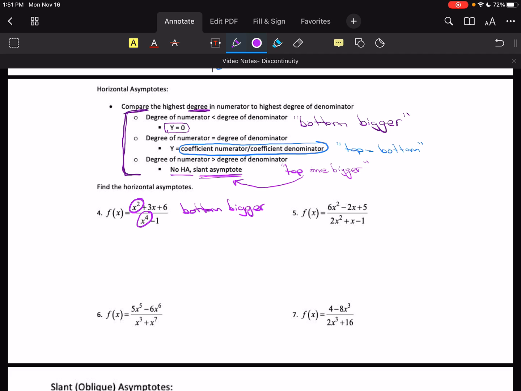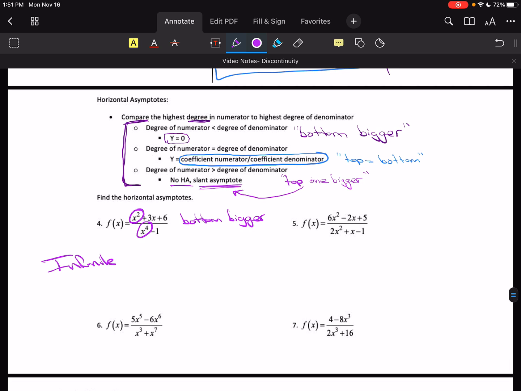Whenever the bottom is bigger, we have a horizontal asymptote at y equals 0. Looking at number 5, x squared and x squared. So they're the same. Now I just want to look at the leading coefficients. So 6 over 2.